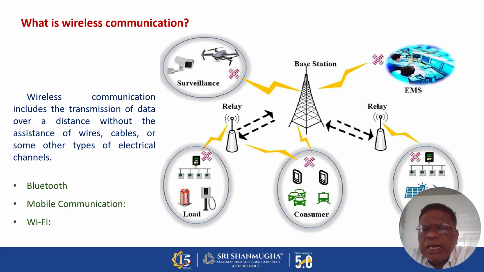The relay circuits carry the signal to the base station itself. From the base station, any information can be transmitted to that particular relay, and then to the consumers, loads, EMS, or messages at those particular locations. So this is the basic information about wireless communications.